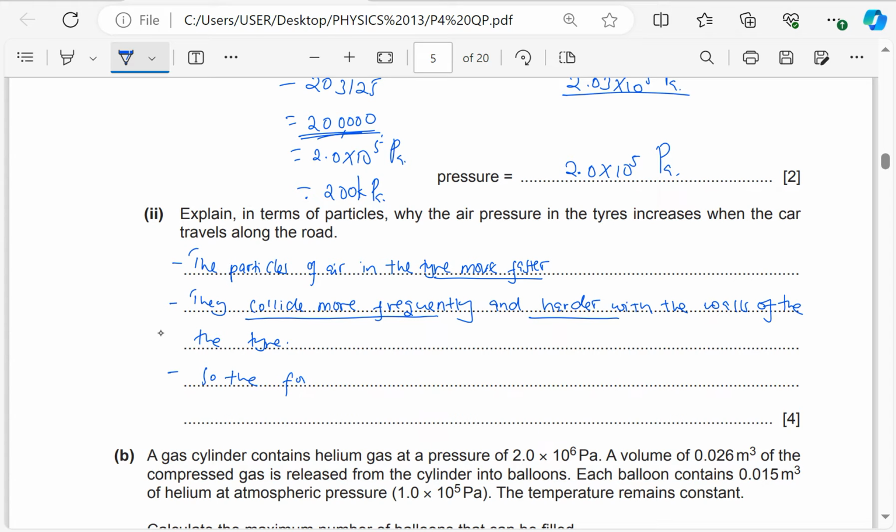So the force exerted on the tire wall increases, and hence, remember, pressure is force over area, and hence the pressure in the tire increases.